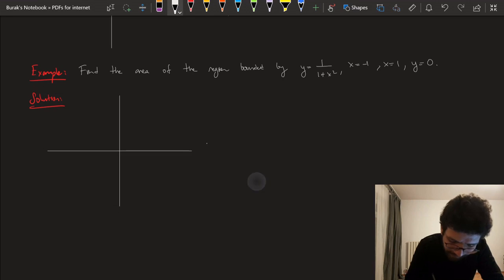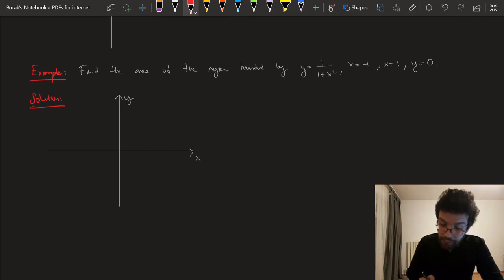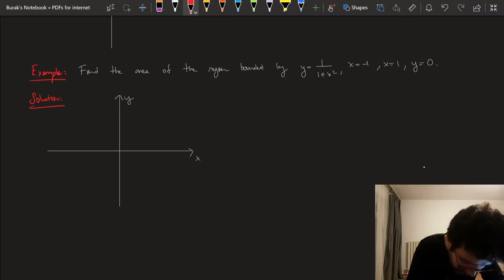We're supposed to find the area of a region. Which region? The region bounded by the curves. I have 4 curves. The first one is y equals 1 over 1 plus x squared. So this is the graph of the function f of x equals 1 over 1 plus x squared, and it's going to look like that.